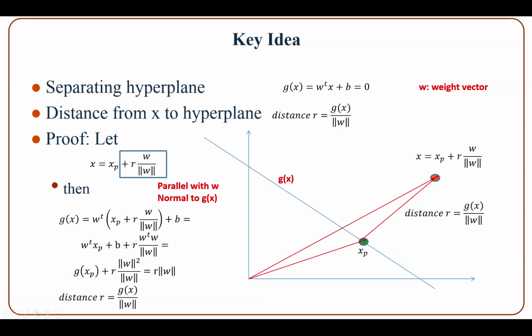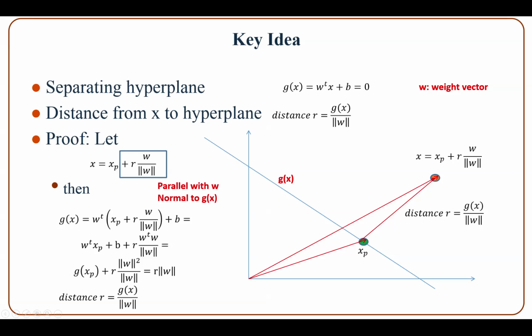We have this, and have this, and have this. xp is located on the hyperplane, so g of xp is equal to 0. And finally we have just r multiplied by the norm of w.